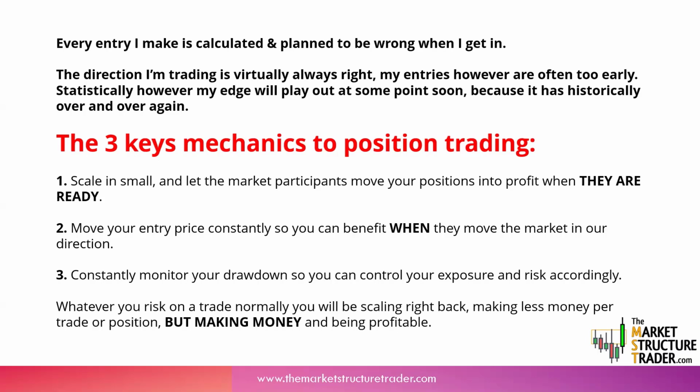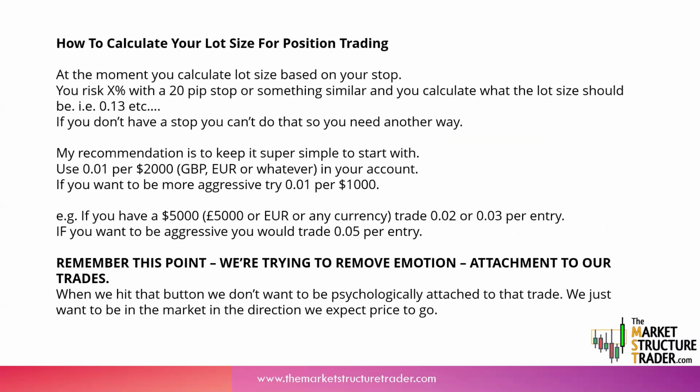So let's start off by looking at lot sizing. We need to know how to calculate our lot size for position trading because it's different to a normal stop loss strategy. The reason it's different is because at the moment you calculate your lot sizing based on your stop. So a traditional trade is where you risk X% with a set pip stop loss or something similar, and you calculate what your lot size should be.